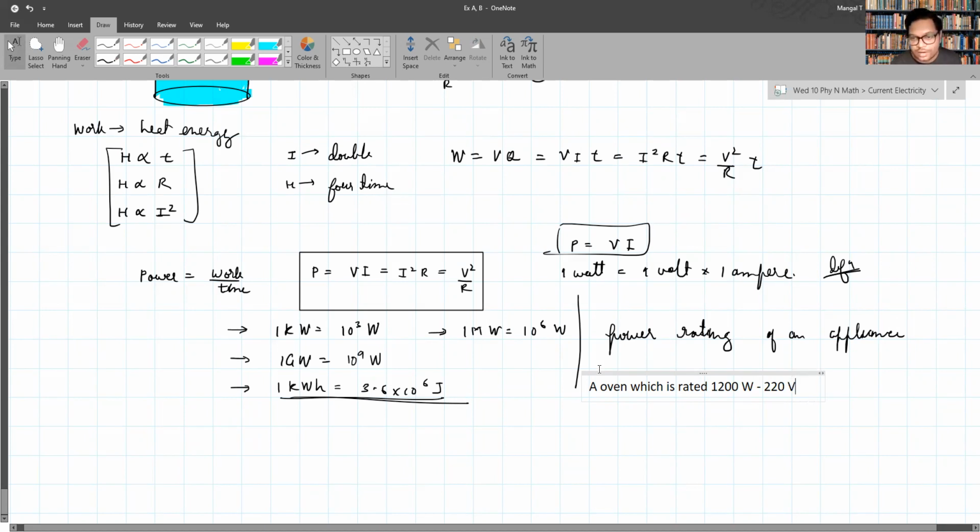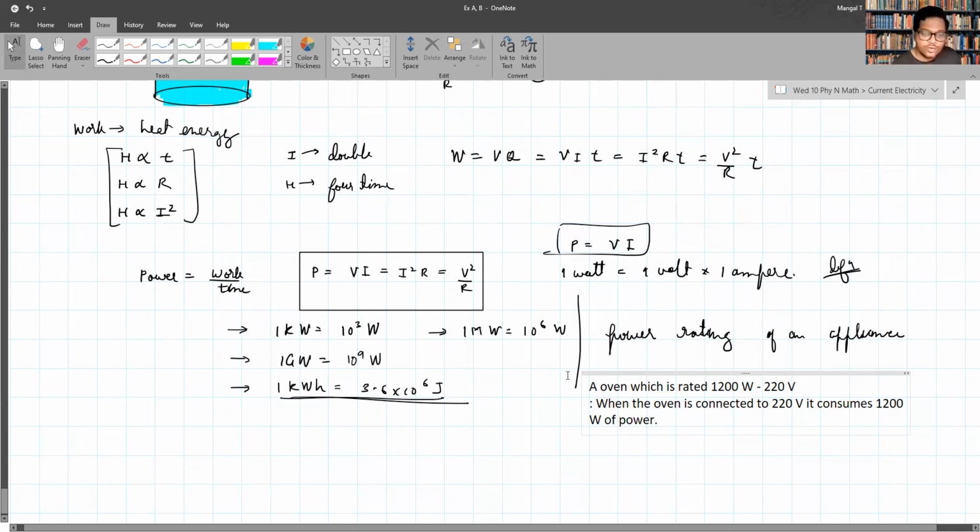So what does that mean? It means that when the oven is connected to 220 volt, it consumes 1200 watt of power. So that is how you determine.